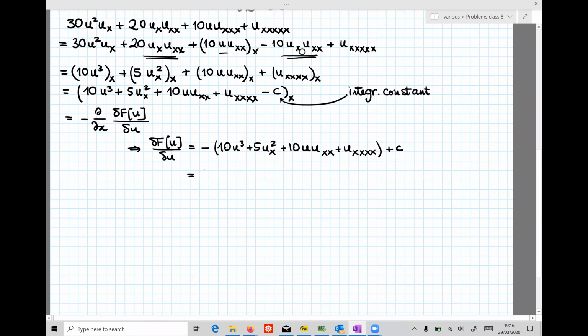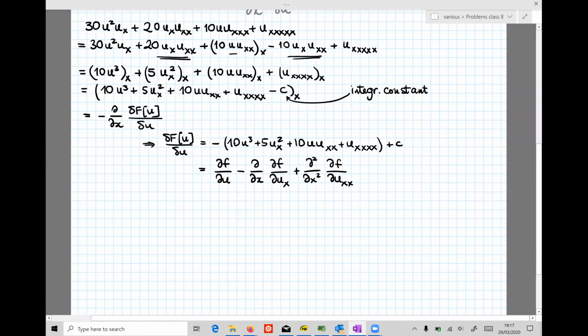So this should be identified with the partial of f with respect to u, minus the partial derivative with respect to x of the partial of f with respect to ux, plus the second derivative with respect to x squared of the partial derivative of f with respect to uxx.